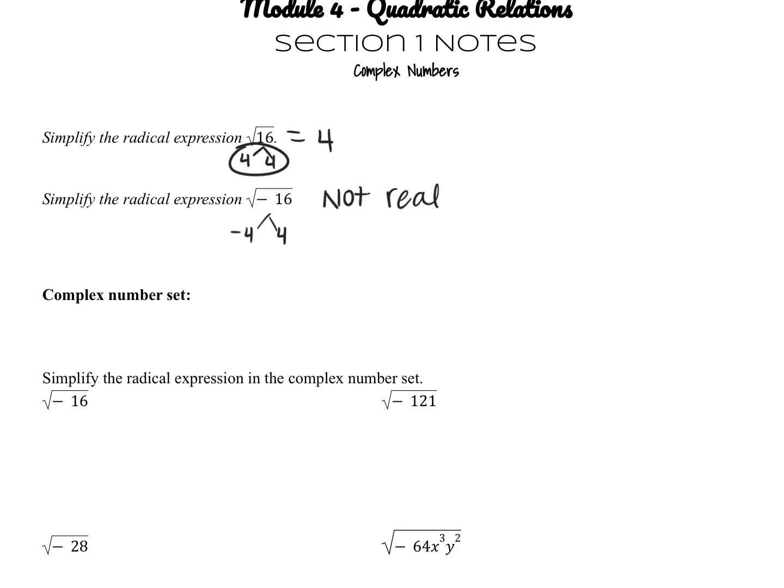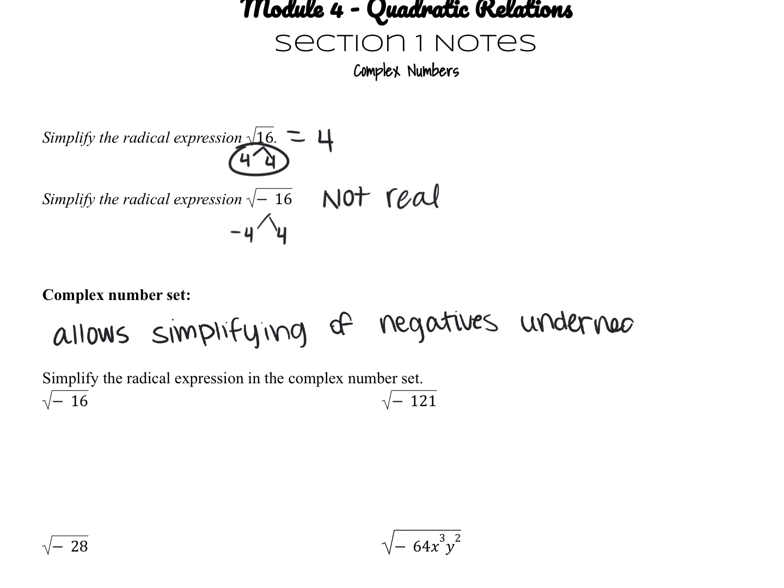Okay. So the complex number set allows simplifying of negatives underneath a square root.